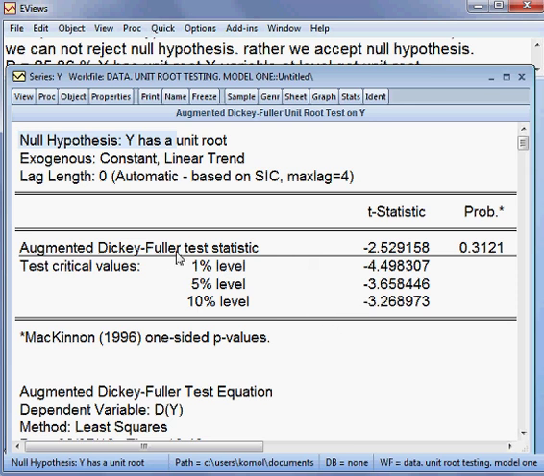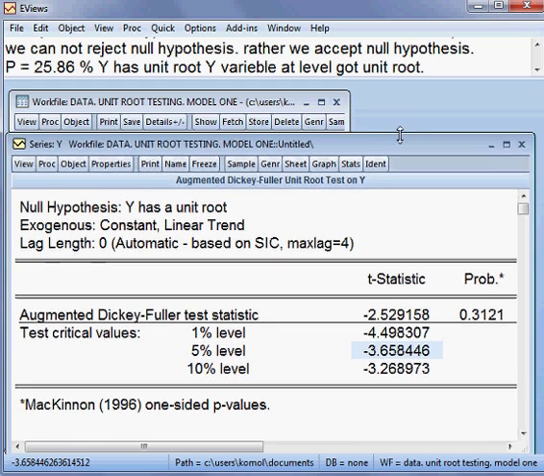Here, what about this one? This one is the test statistics, and the critical value at the 5% level is how much? 3.65. So what is happening here?